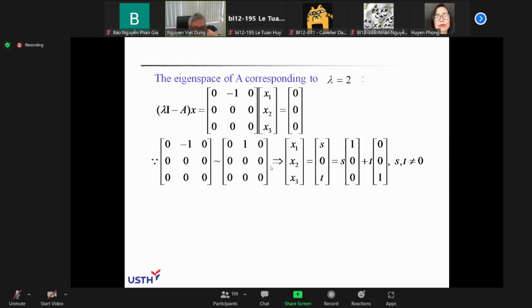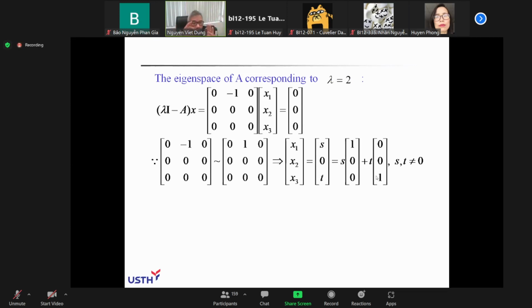From here you see that the first and the third columns are free. It means that the first and the third variables can be any value, and here I give them s and t, and then you can solve it. You get x2 must be 0 in any case. So our solution will be s times that plus t times that.